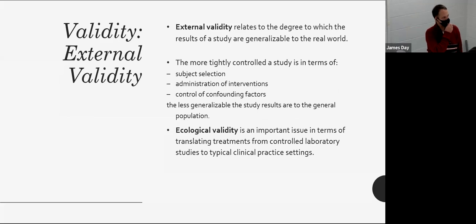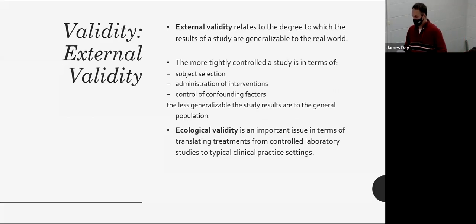External validity then goes for whether or not, if I use the example of me, whether or not I am representative of other people. Right? So internal validity is whether or not I am true to myself. External validity is, does looking at me have anything to do with looking at other people?